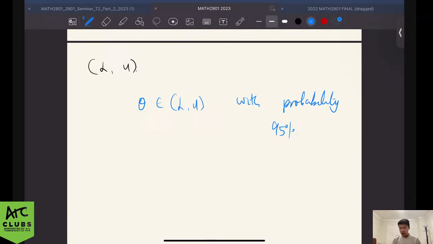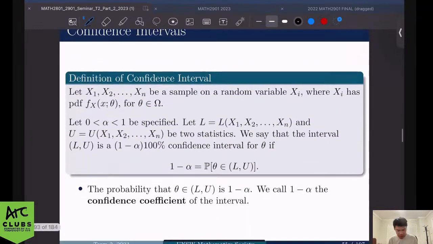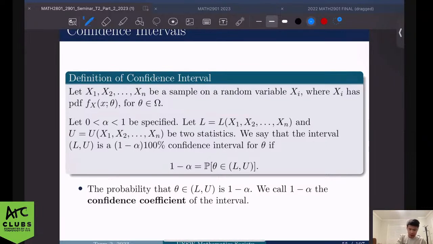So 95% of the time I do this investigation and I come up with these lower and upper bounds, theta will lie in there. Because you can never say theta is equal to something, but you can say it lies in this region likely, with a certain probability. Okay, that's our end goal. That's what it says here. So you've got a bunch of samples, x1 down to xn, on a random variable where it has a PDF determined by a parameter.